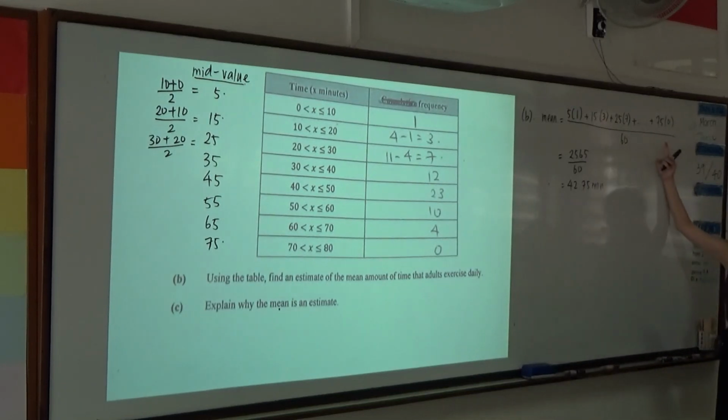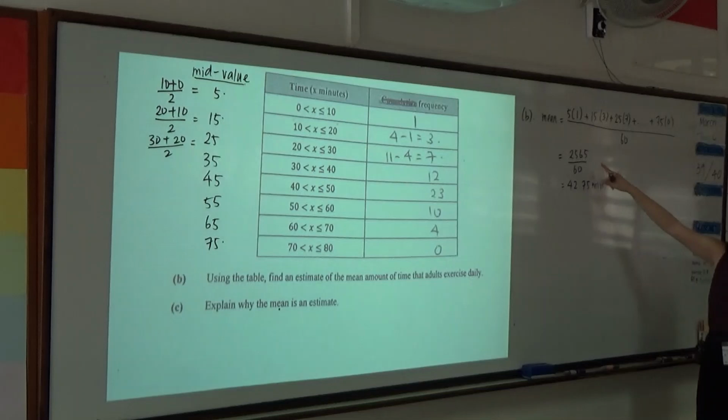If you like to press the numerator separately from the denominator, your numerator will add up to be 2565 out of 60, and that is a mean value of 42.75 minutes.